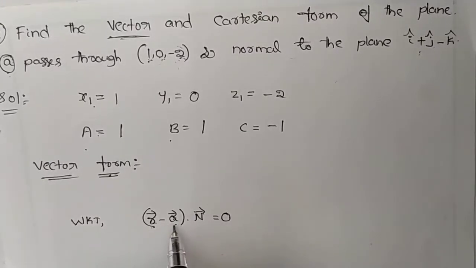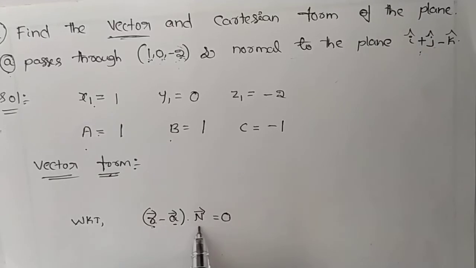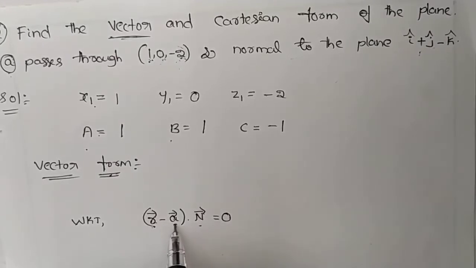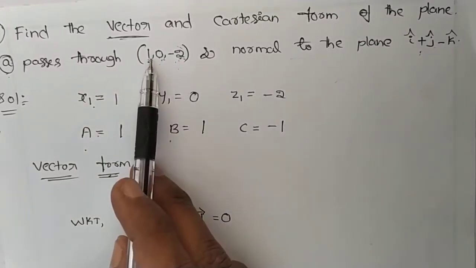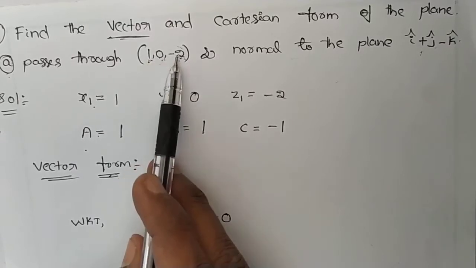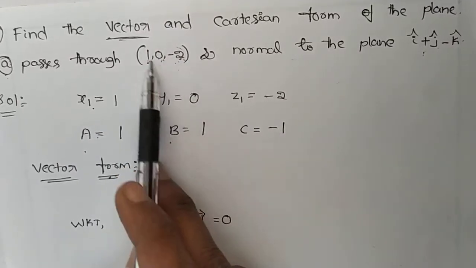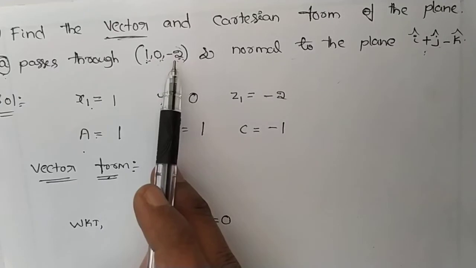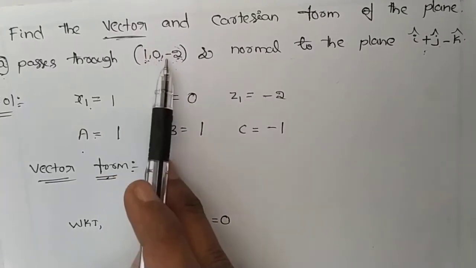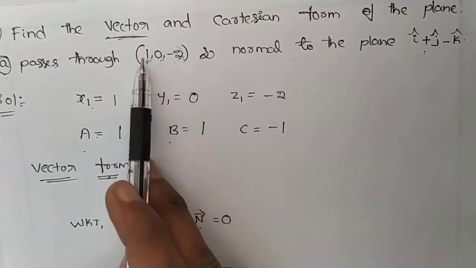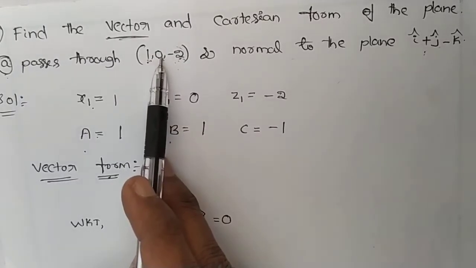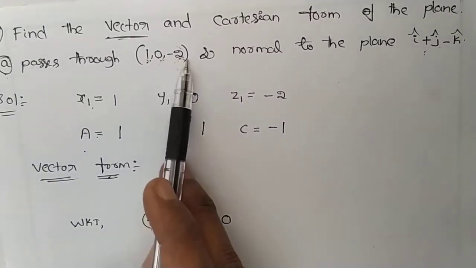Now here we have to find the a vector and n vector. The a vector is the one which is passing through the point 1, 0, minus 2. Let us represent this in vector form. How to represent this point in vector form? i cap plus 0 j cap minus 2 k cap.